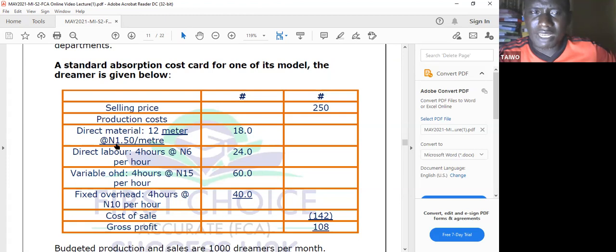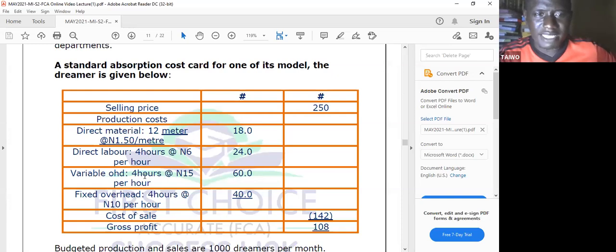That means 1 naira 50 kobo per meter times 12 meters is 18 naira, the cost of material I set to use in producing each product. Direct labor, I set to use 4 hours at 6 naira per hour. That's 24 naira. It means I set to use 4 hours to produce 1 bed, and for each hour I will be paying 6 naira.